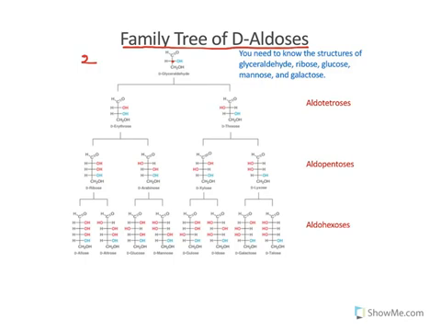Now, when we have these two stereocenters, again, we can stagger the OHs, and with two stereocenters, we can end up having 4 sugars. So we're only showing the D, and then there's the mirror image, which is the L. So in the L, the OH here is going to be on the left. Again, the other one, the OH here is going to be on the left. So kind of the exact mirror image of each of them.